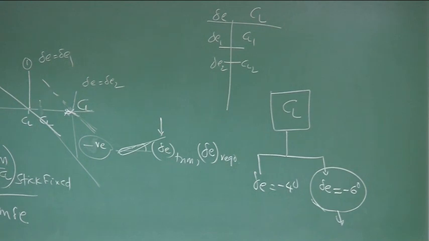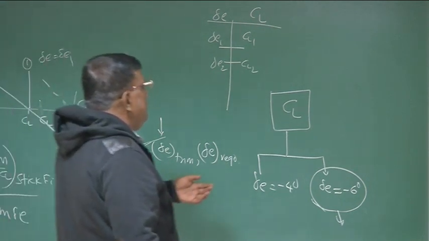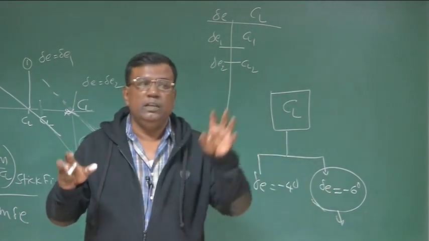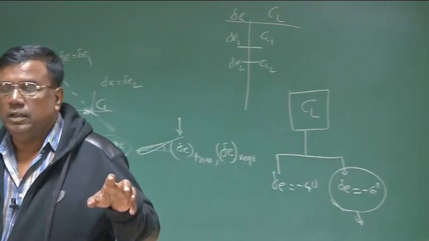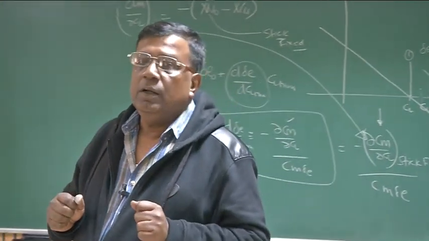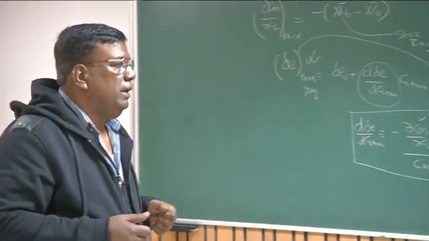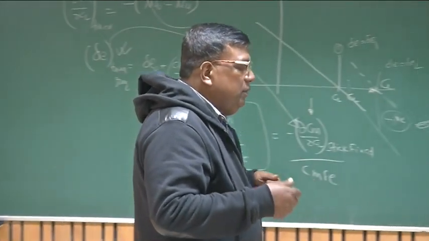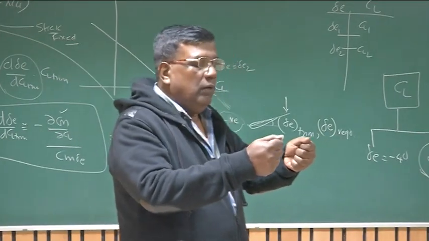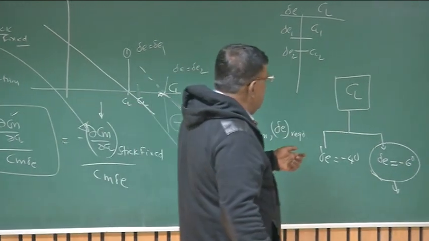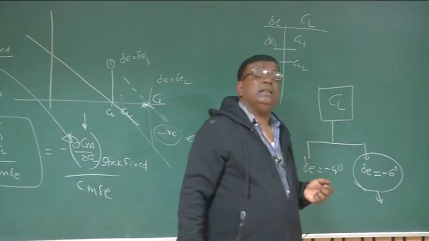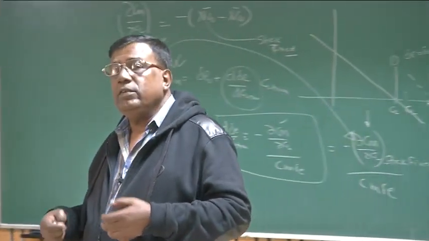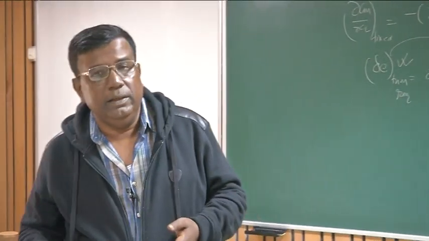So that way you can give a feel, which doesn't have a direct one-to-one connection because it's visual: this much delta E, this much Cl or speed. But if you want to really give a feel to the pilot, one way is to ask what effort the pilot takes to change the elevator from one angle to another. What is the amount of stick force he is applying? So that is also another way of giving a feel to the pilot.